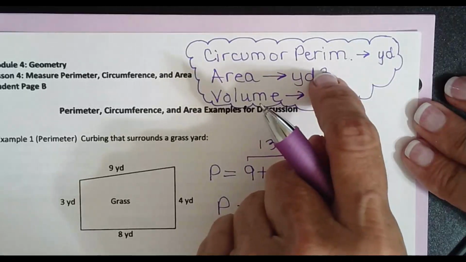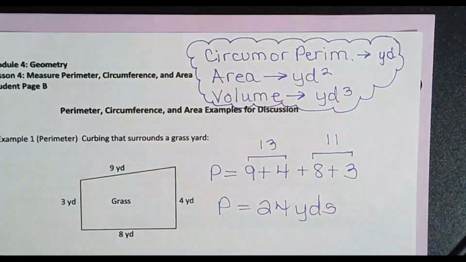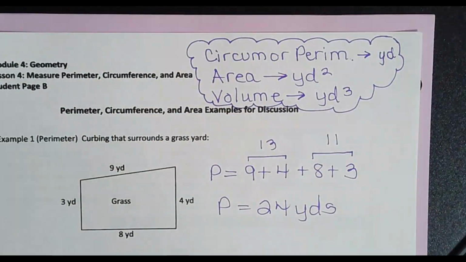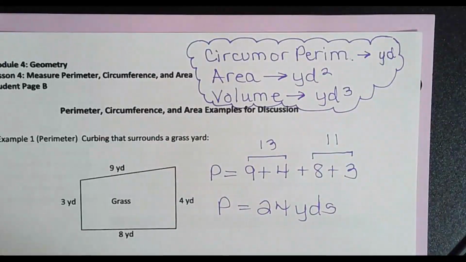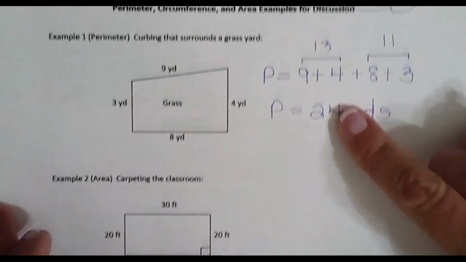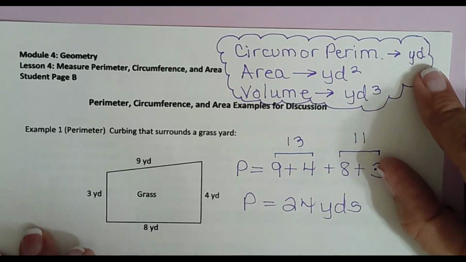The units are always squared, and volume is three-dimensional. It's like, I want to know how much sand can fill up my office. So a dump truck comes and dumps the sand. Usually sand is in cubic yards, so that would measure how much sand would fill up your room. It's three-dimensional. Okay, so super important there. So since this one was perimeter, that's why we just left it with yards.